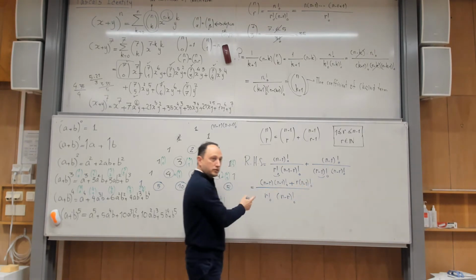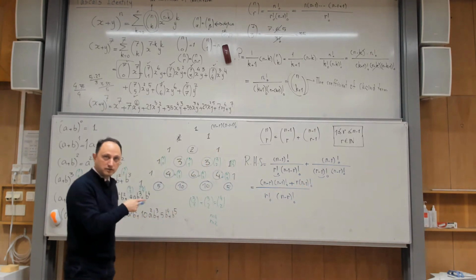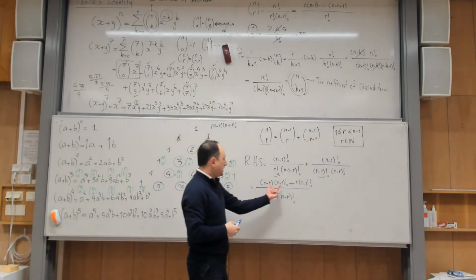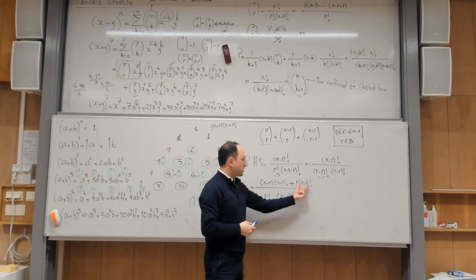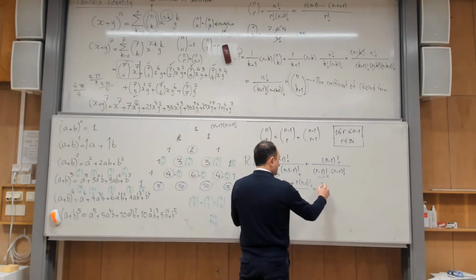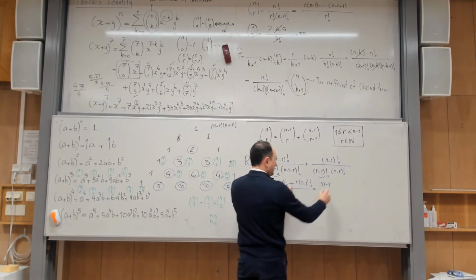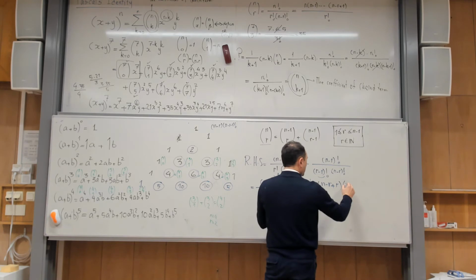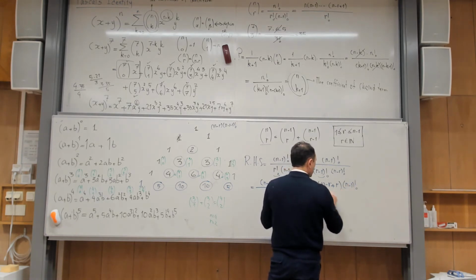Okay, let me know, is that understandable or I'm going too fast? Okay. Now what I am doing, this n minus 1 factorial appears here and there, so I can factor it out. N minus r is left, plus another r is left here, and n minus 1 factorial is pulled out.